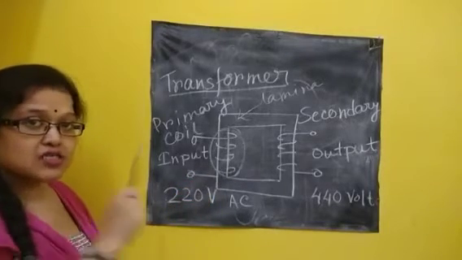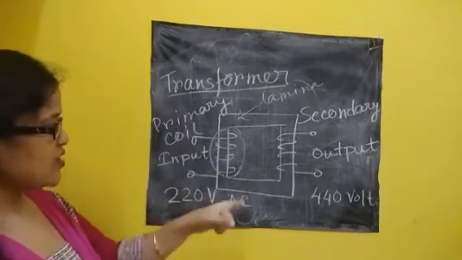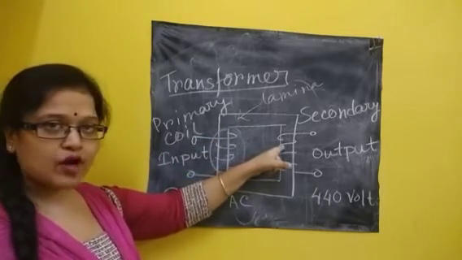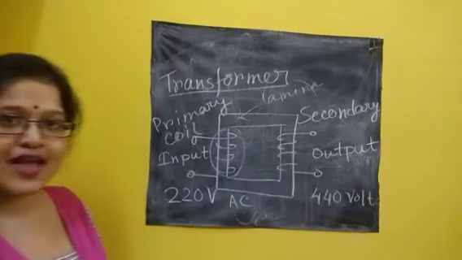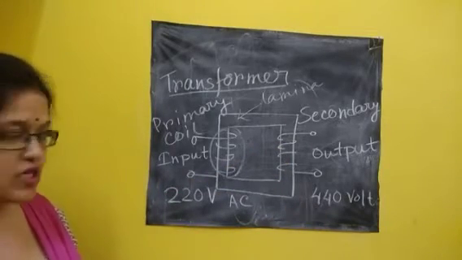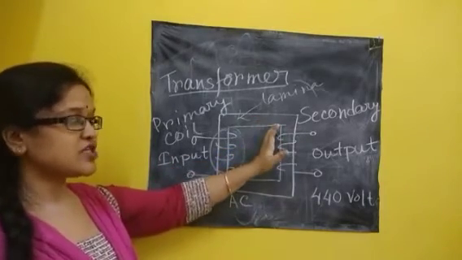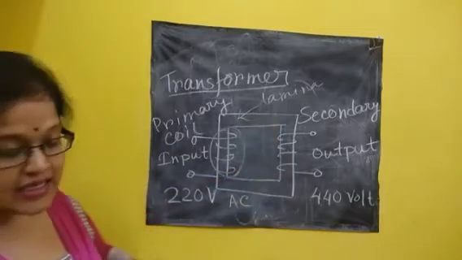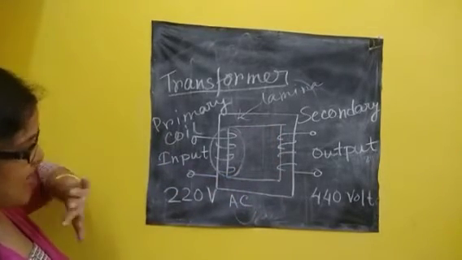These are called turns, the windings. If I increase the number of turns here, I will get about 440 volt. There is a calculation for that. Depending on the number of turns, if I change the number of turns, I can easily change the AC voltage as we require.